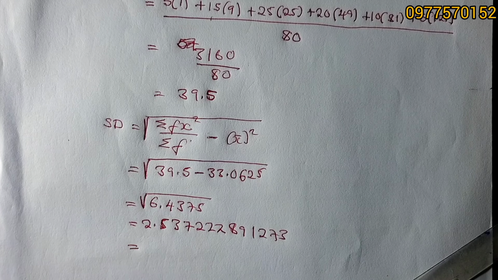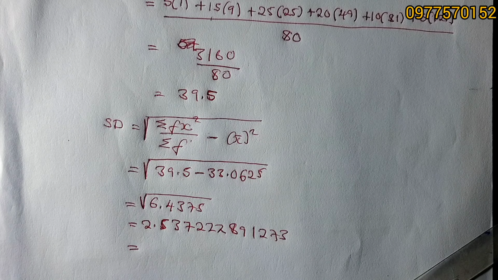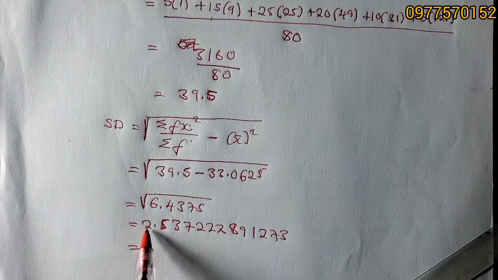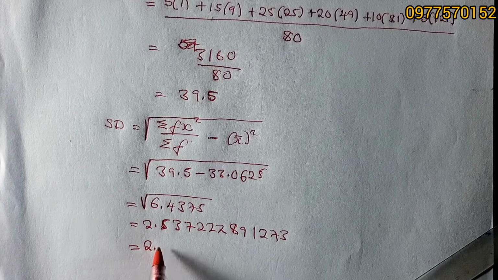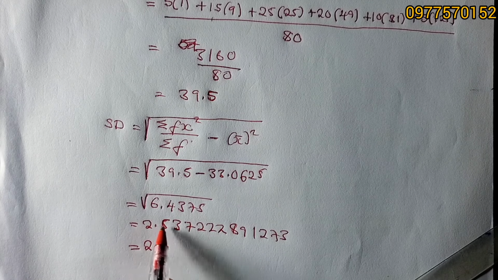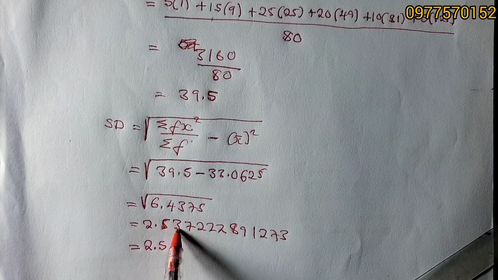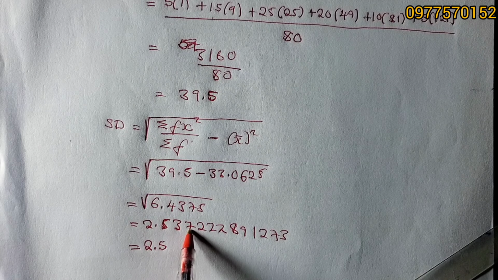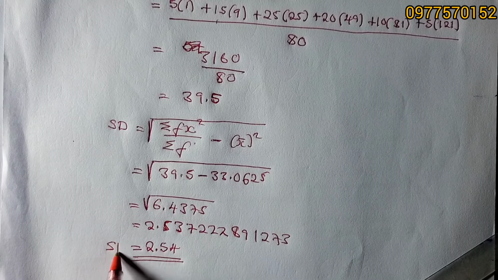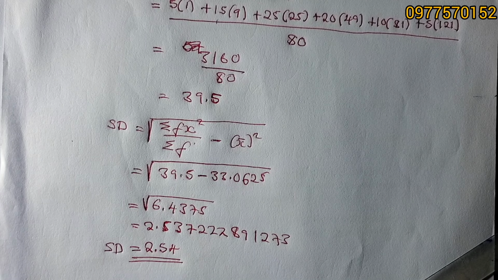Now we need to leave our answer correct to three significant figures, according to the instruction, because the degree of accuracy is not specified. So we're going to say 2.5, so we have 1, 2, 3. After this number there's a 7, which is greater than 5, so you add 1 to this one and it becomes 4. This is the standard deviation, and that's the answer. Are we together?